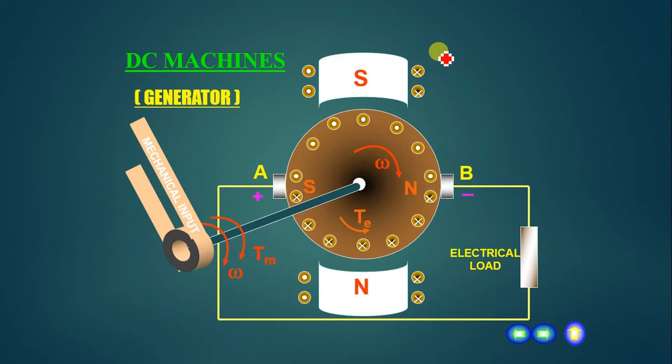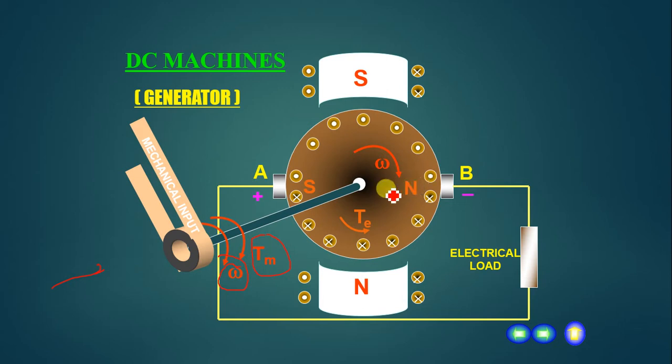So coming to the DC generator, somebody has already discussed it. We have an input to the DC machine, which is a mechanical input. It should be capable of rotating the armature, so it requires some torque, Tm, and angular velocity omega, which is equal to 2 pi times the number of rotations.